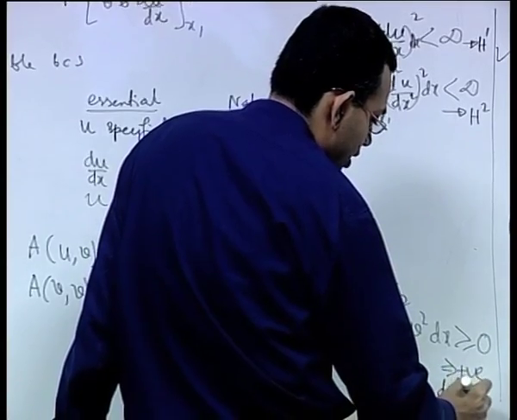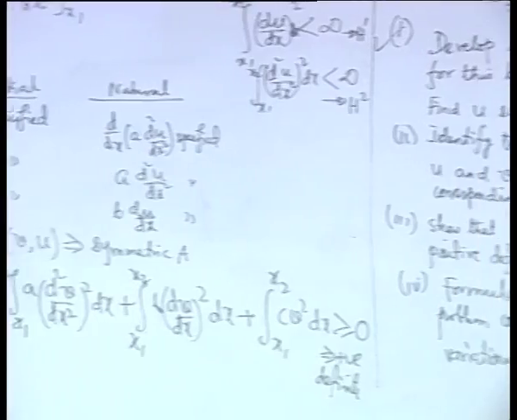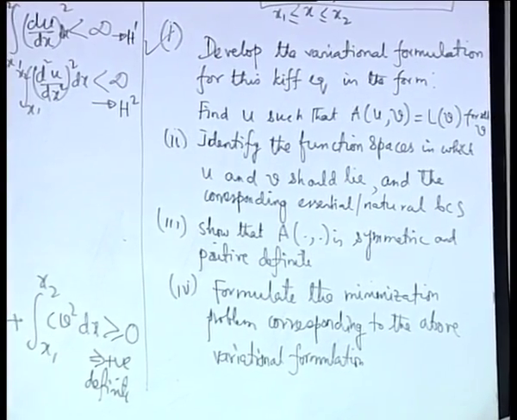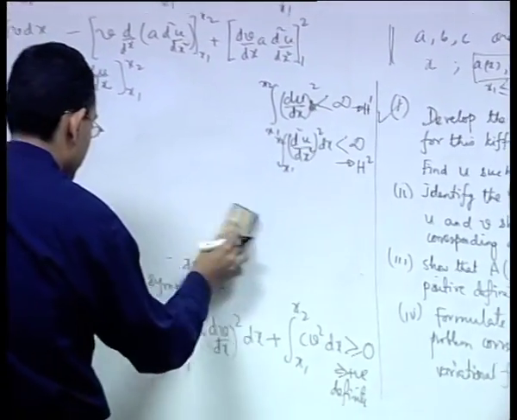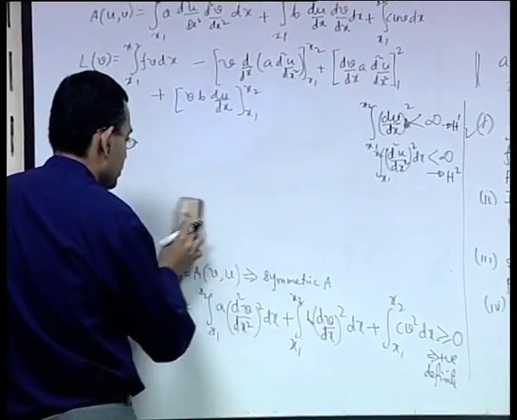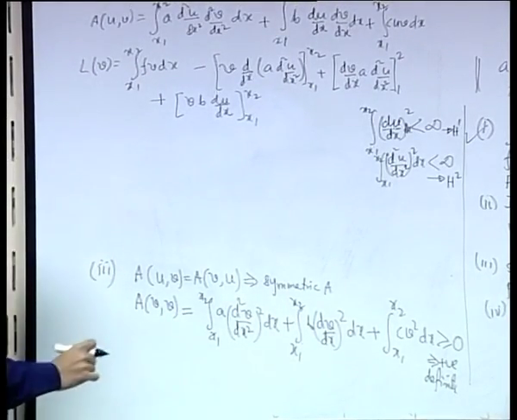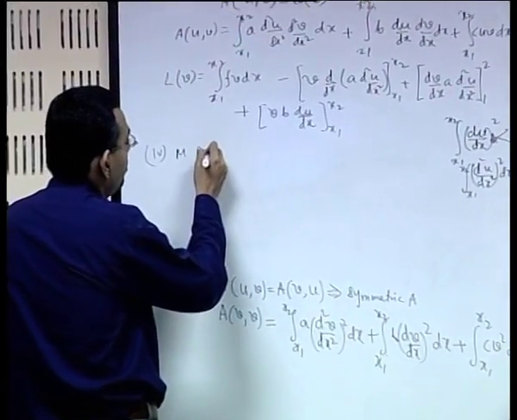Then the final part, part 4, formulate the minimization problem, that is M problem corresponding to this variational formulation. So, the M problem will be what?